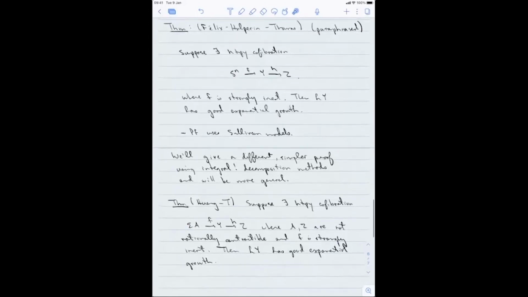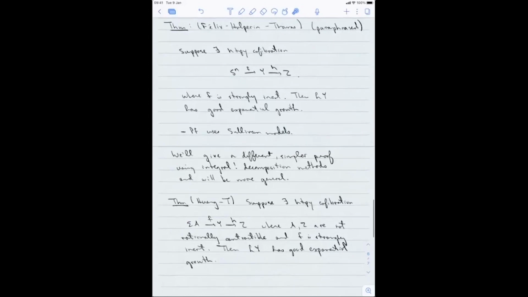And as I say, one that uses integral decomposition methods rather than the rational Sullivan model. This is kind of surprising. You're not supposed to be able to prove rational statements using integral methods. It's not supposed to work like that. So this is surprising.